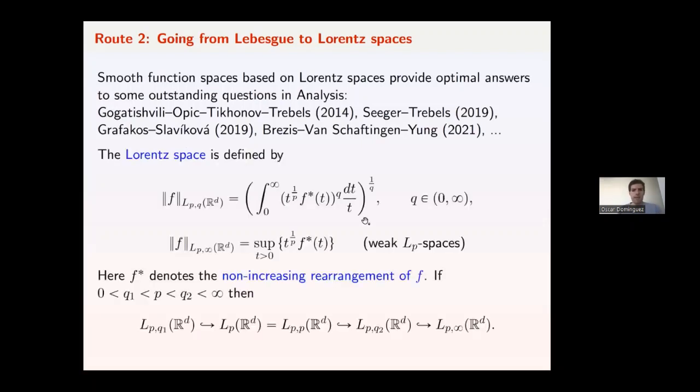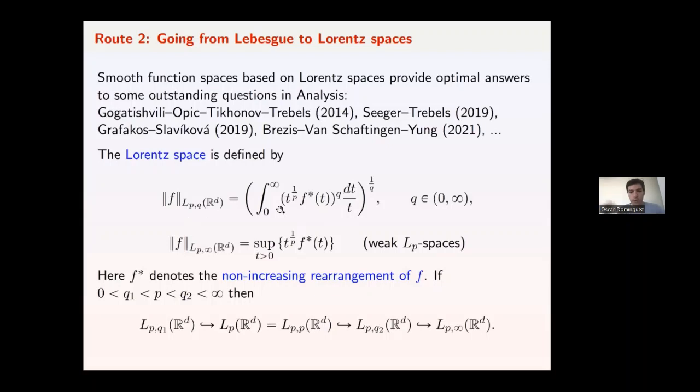But before going further, just for convenience, let me recall the definition of Lorentz spaces, L^{p,q}. The Lorentz spaces can be understood as a generalization of Lebesgue spaces, and with the help of this second parameter, say q, one can get better estimates. Here is the quasi-norm defining Lorentz spaces.